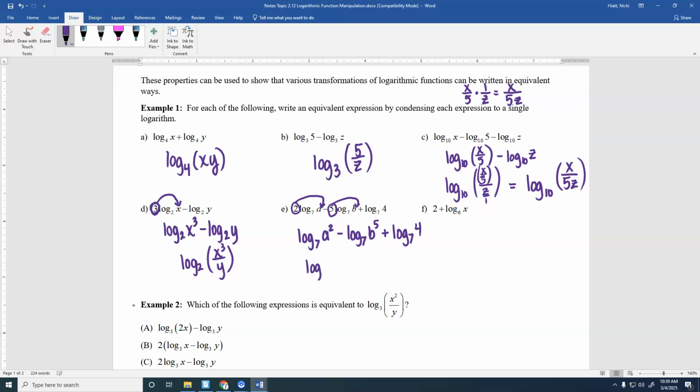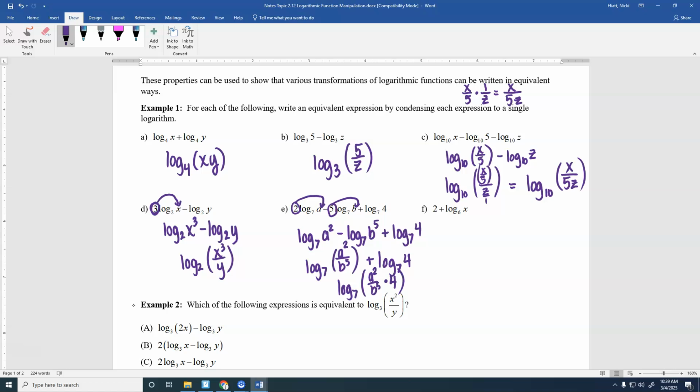You'll do log base 7 of a squared over b to the 5th plus log base 7 of 4. And then with that addition, that becomes multiplication. So it will be log base 7 of a squared over b to the 5th times 4.